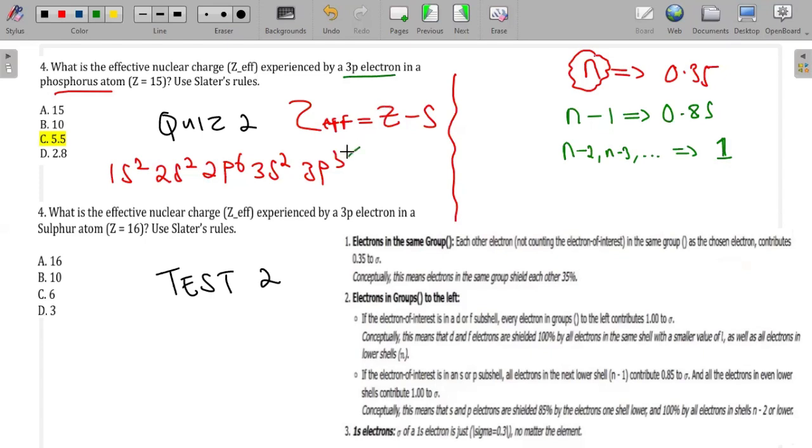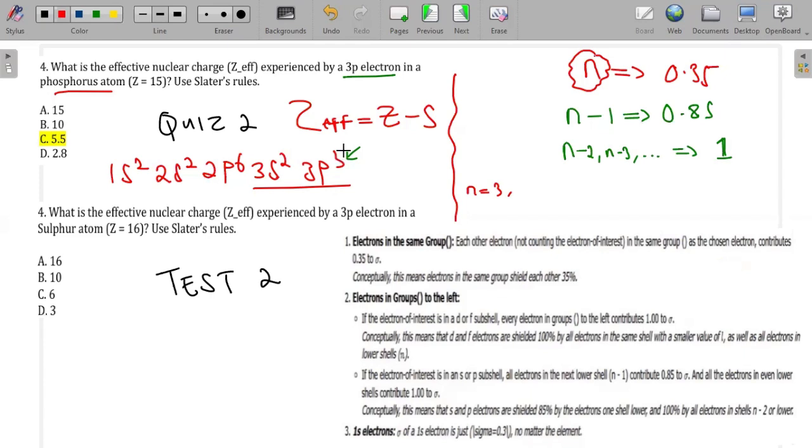So here we are trying to find the effective nuclear charge for a 3p electron, one of these electrons that are in the 3p here. To find the shielding effect here, I'm going to follow these rules. For the electrons that are in the same energy level, the energy level being the number in front there, so those in energy level number 3, apart from the electron of interest, which is one of these 3 here, how many electrons do I have?